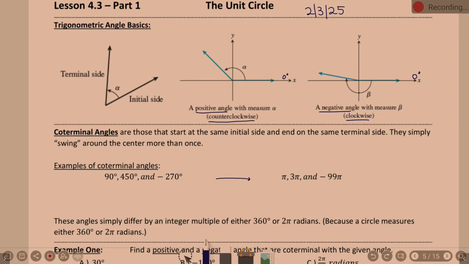Where's 90 going to end up? 90 is going to end up going straight up, yes? Because how would we get from here to here? That would be 90 degrees. Does that make sense?